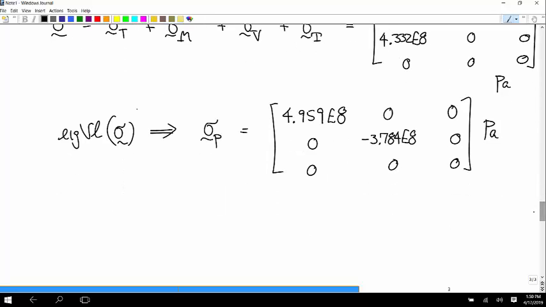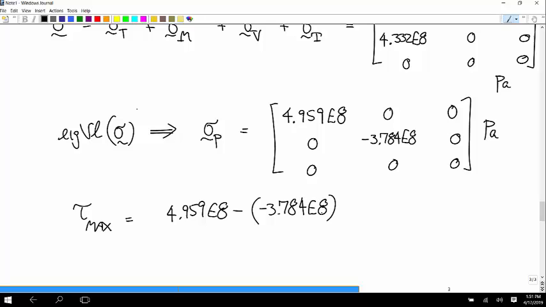And then to find the maximum shear stress, it's 4.959 times 10 to the 8 minus negative 3.784 times 10 to the 8, divided by 2.